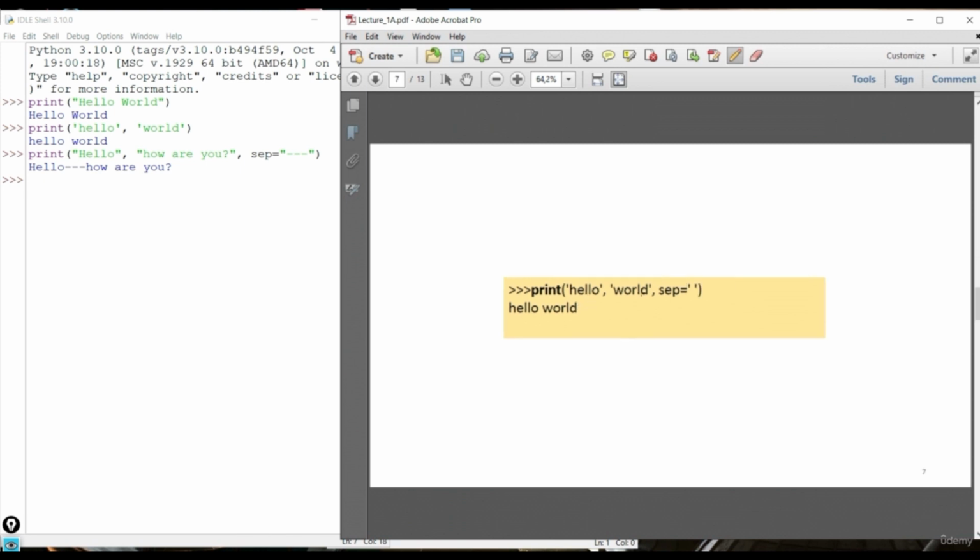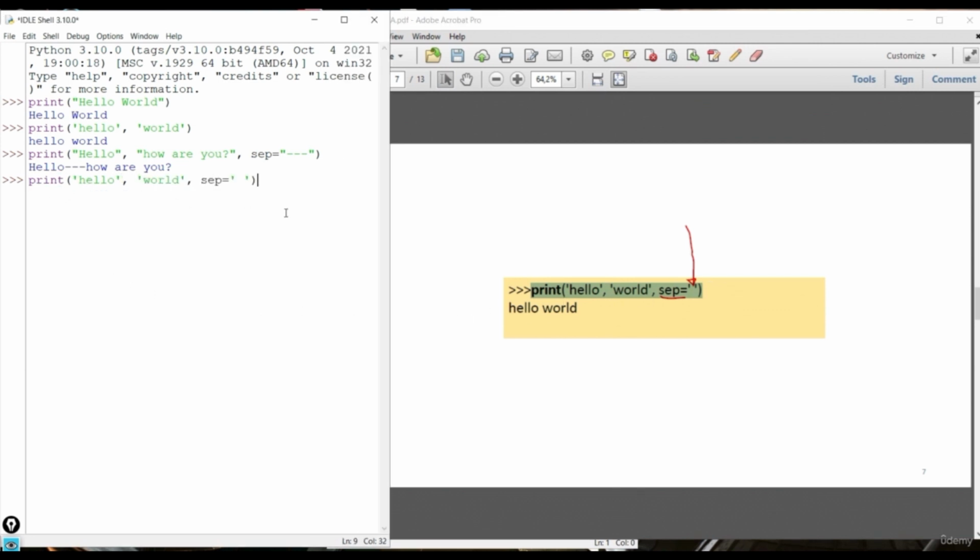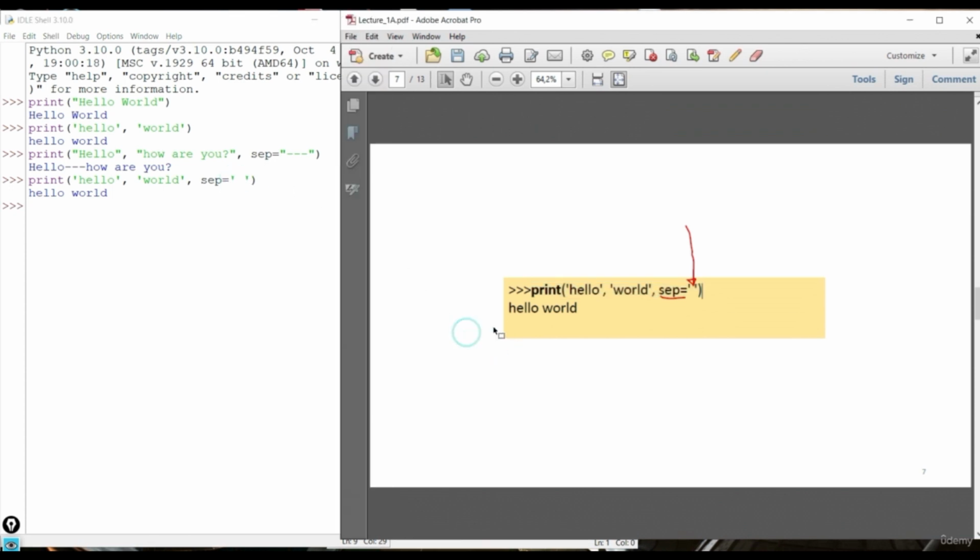Okay, next example. In this case, we put a space between single quotation marks, and this is our separator. If we run this program, we see that a similar print is seen. There is a space here between single quotation marks.